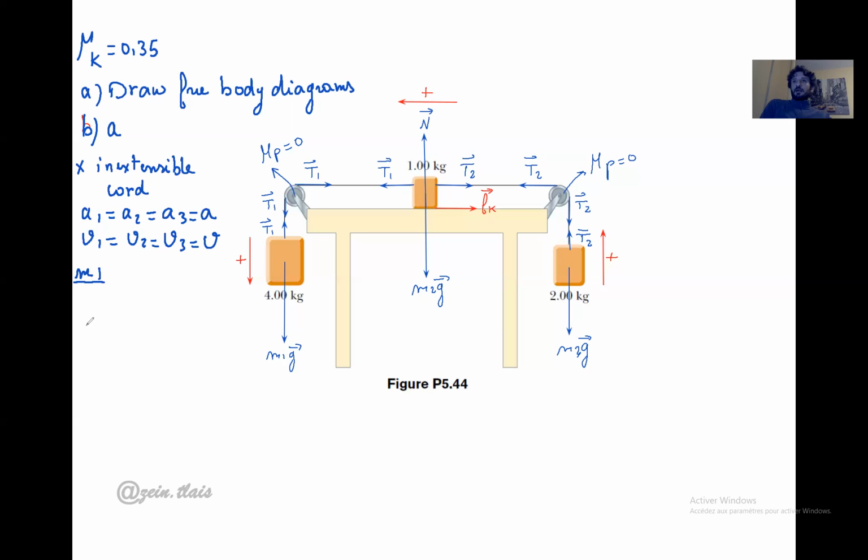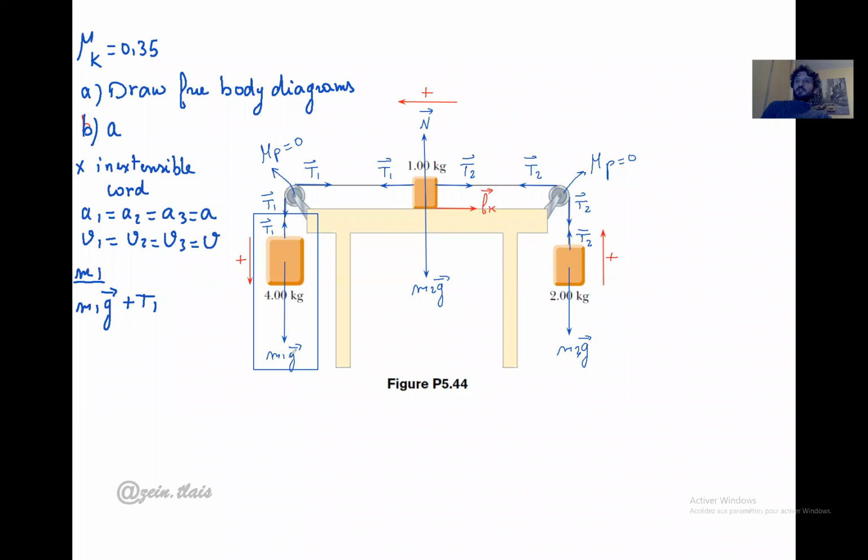M1. You know the positive is down. So the summation of F, we have M1g and the tension T1. I'm talking about M1, okay? Be careful. I take this system only.